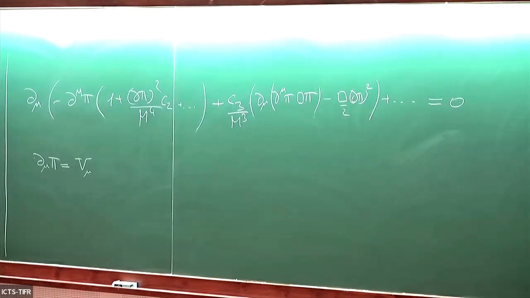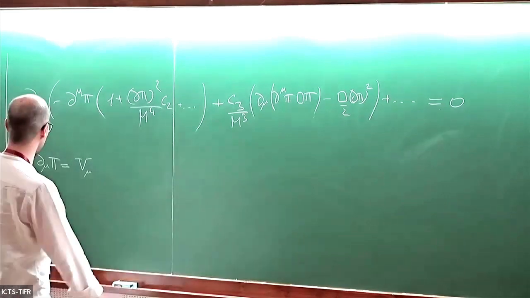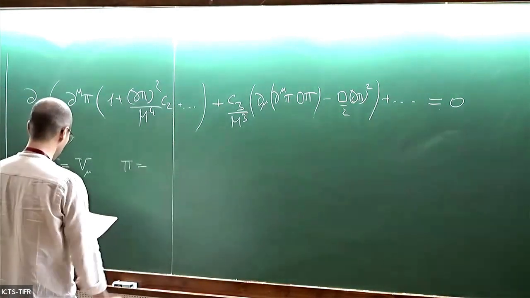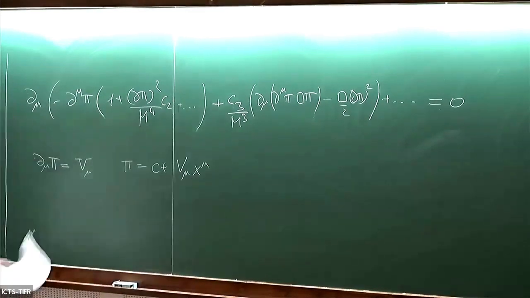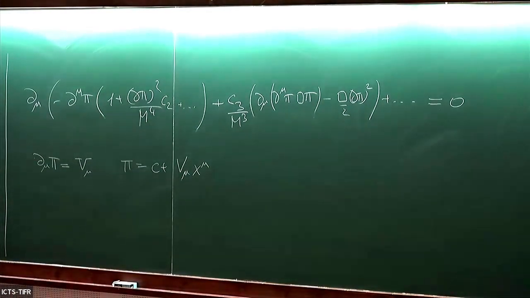There's some bulk of matter here that, being there, breaks Lorentz this way. For example, this happens in inflation: you have a scalar field with π dot constant in some direction. This corresponds to π equal to a constant plus v_μ x^μ.